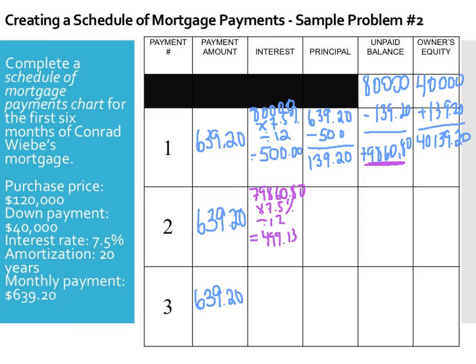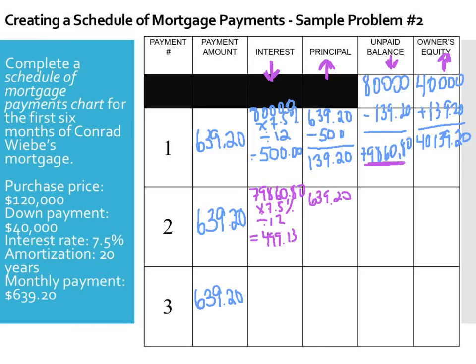The pattern you're going to notice is that the amount of interest we're paying to the bank each month is going to go down. The amount going towards our house, the principal, is going to go up very slightly every month. Our unpaid balance is going to go down, and our owner's equity should be going up slightly every month.